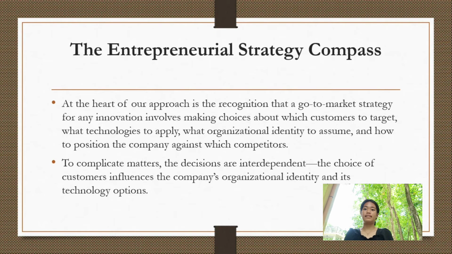So, next is the entrepreneurial strategy compass. At the heart of our approach is the recognition that a go-to-market strategy for any innovation involves making choices about which customer to target, what technologies to apply, what organizational identity to assume, and how to position the company against which competitors.